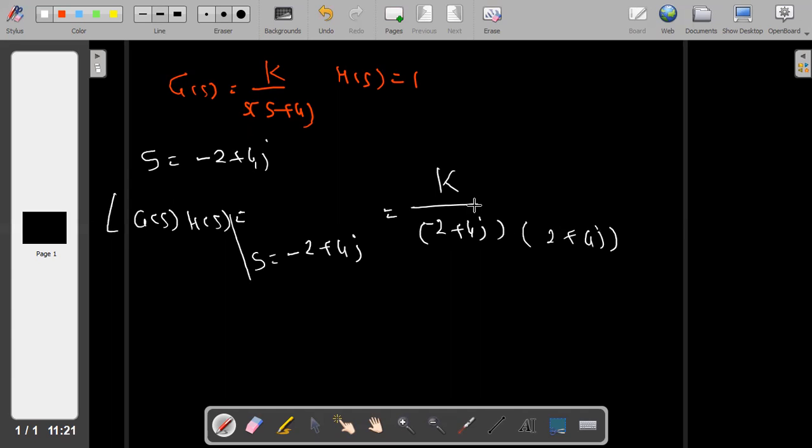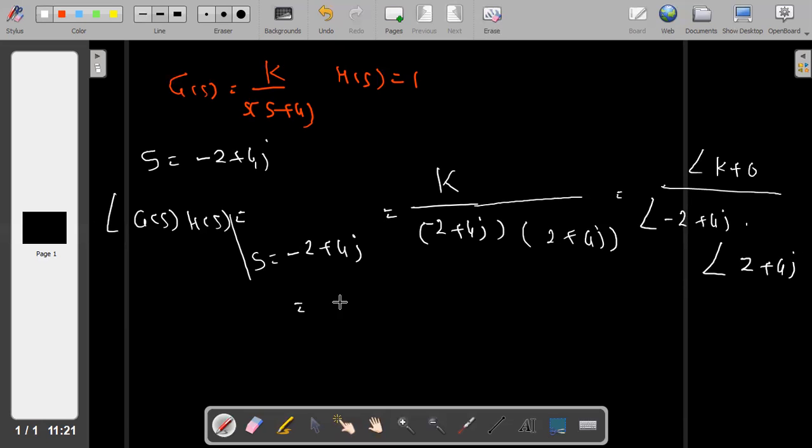Now we have to find the angle. The angle will be of K plus 0, because there is no imaginary part, only the real part K. Then we find the angle of the first term, minus 2 plus 4j, and the angle of the second term, 2 plus 4j. In polar form, the angle of the first is 116.56 degrees, while K plus 0 has 0 angle.